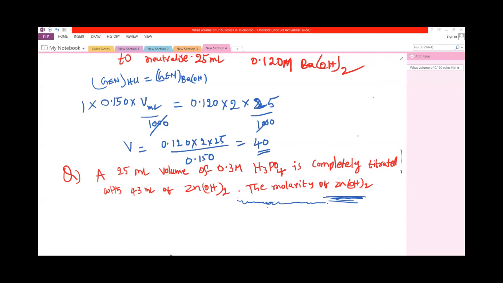Okay, please note down the solution. Simply, gram equivalents of H3PO4 equal gram equivalents of zinc hydroxide. This is the simple thing.